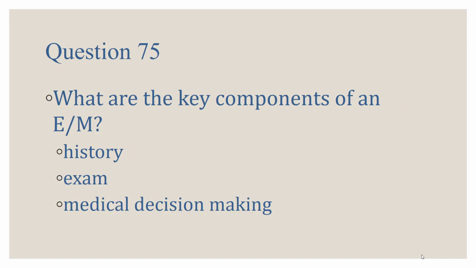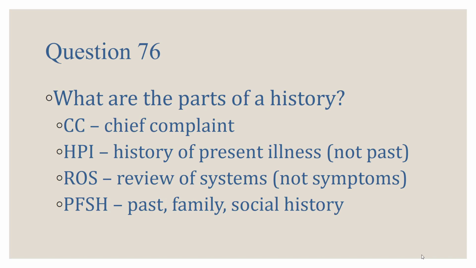Question 75. What are the key components of an E&M? They are history, exam, medical decision making. Question 76. What are the parts of a history? For this class, there are 4 parts.